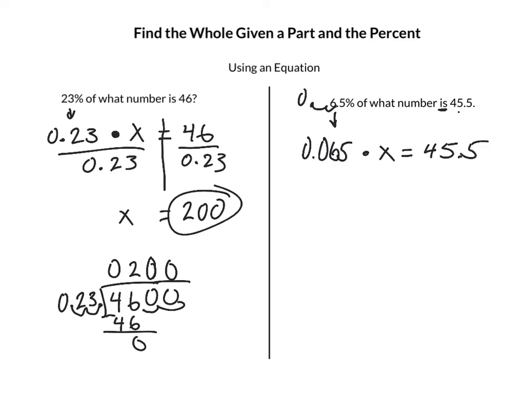If we break down this equation, we're looking at multiplying the percent as a decimal times the whole, and that equals the part. In this case we don't know the whole, so instead we have to divide the part by the decimal.